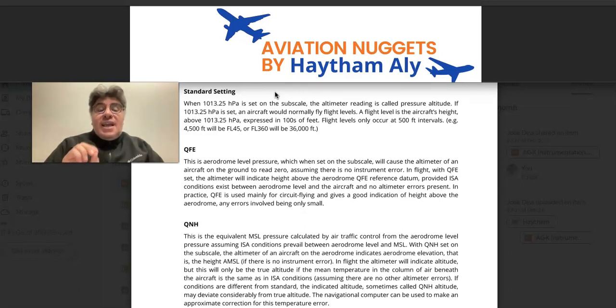Can the altimeter show us true altitude, which is the vertical distance of the aeroplane from the ground? No. True altitude is not related to pressure altimeters. It's related to radio altimeters.